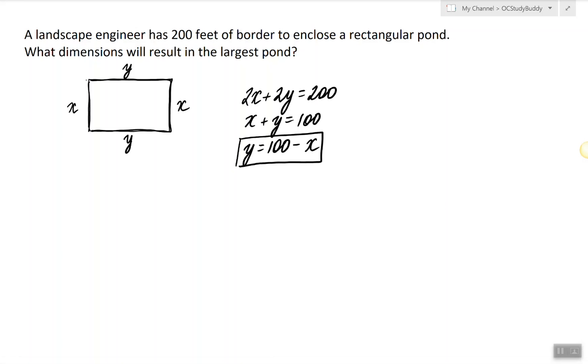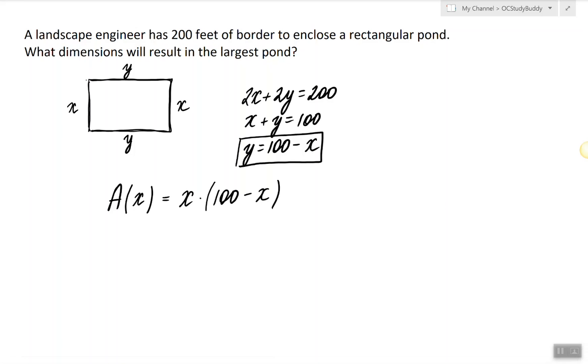Now, if we're trying to create the largest pond, that means we're trying to create the pond with the largest area. So the area for such a pond can be written as a function of x, which is basically take the width and multiply by the length, which is written as a function of the width.